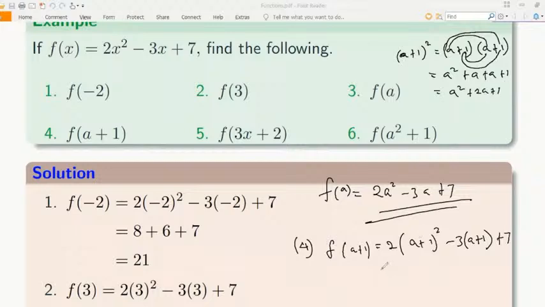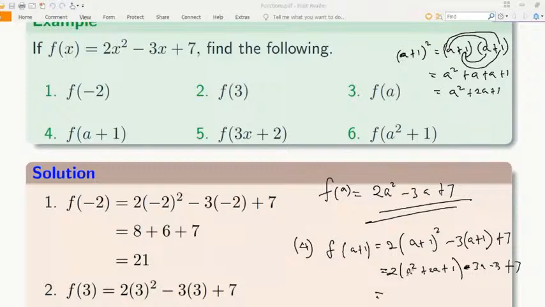So that's what I have here. 2 into a squared plus 2a plus 1. Then minus 3a minus 3. I'm just expanding this to negative 3a, negative 3, then plus 7.